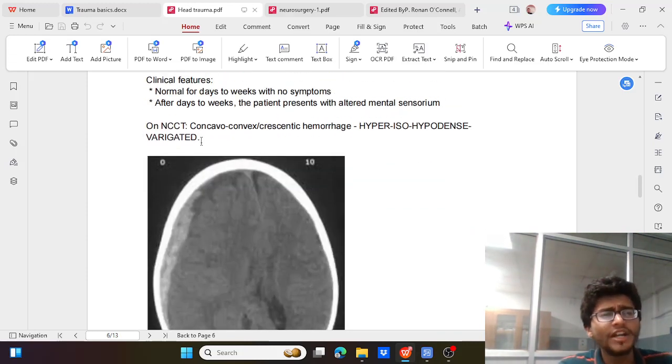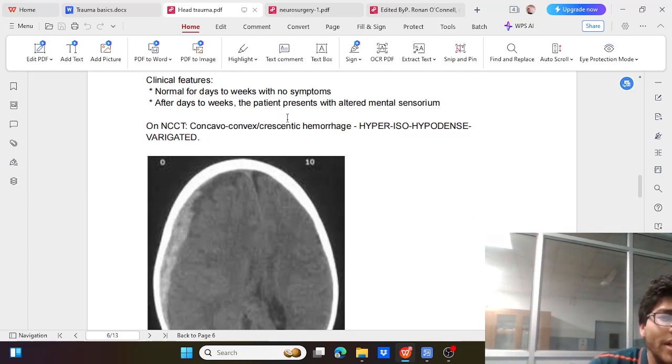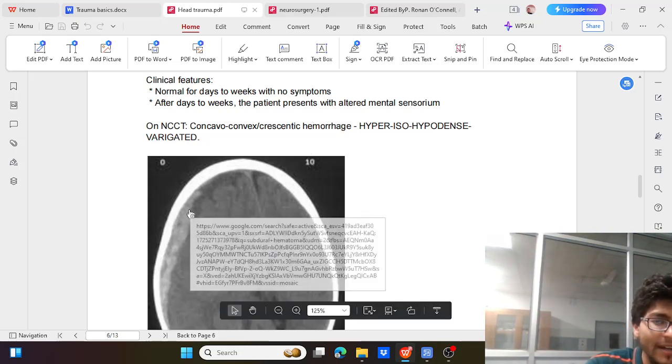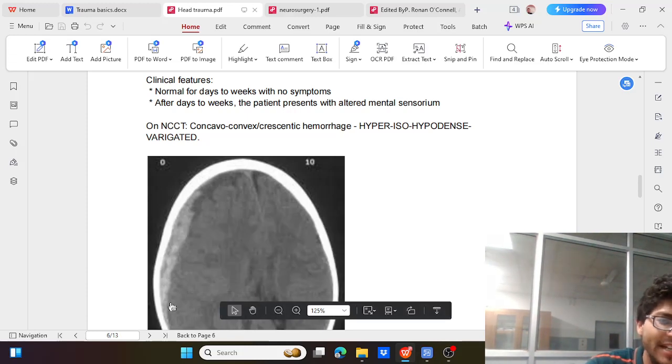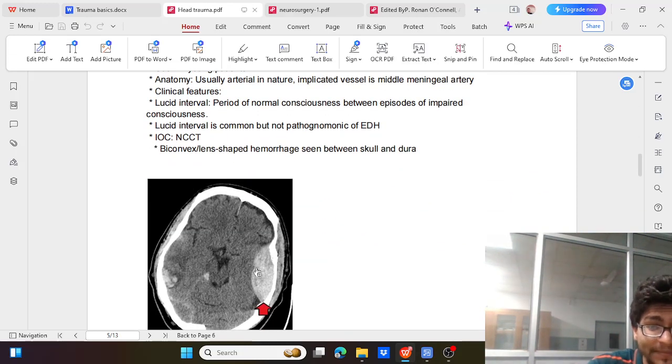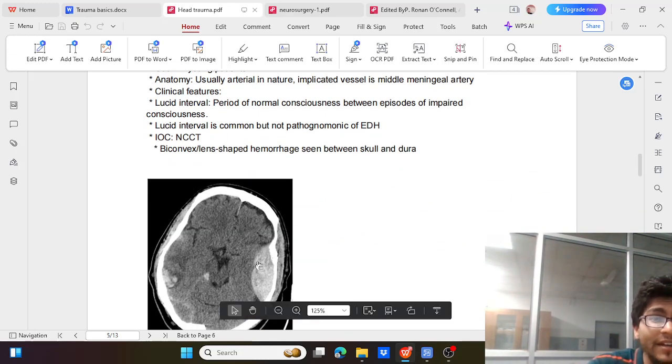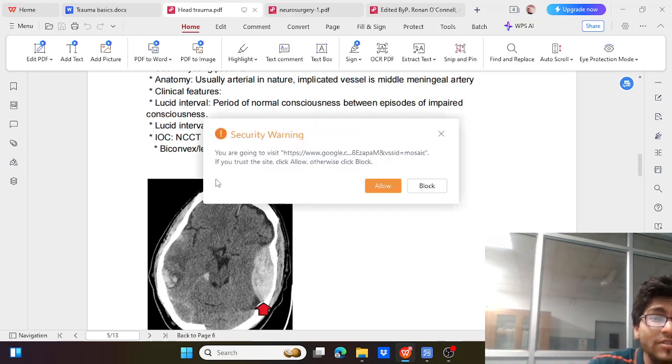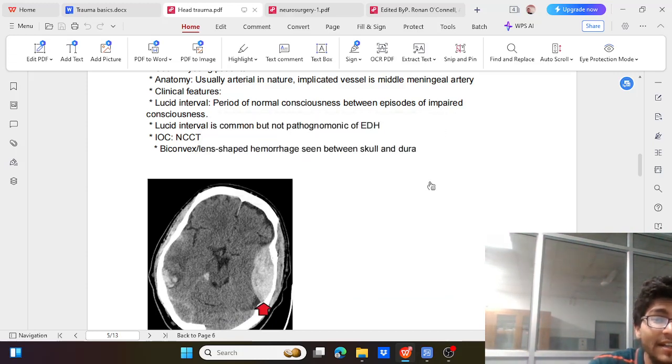On CT scan it appears as a concave or crescentic, moon-like hemorrhage, which is white. Try to understand that in the acute scenario, as you have seen above also, it will be white. Okay, so a biconvex or lens-shaped hemorrhage is seen in EDH.